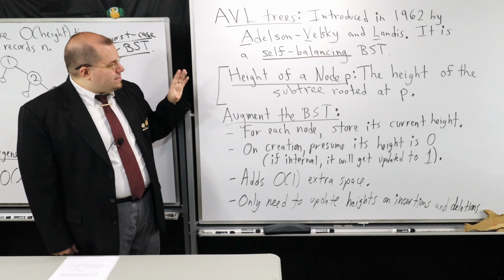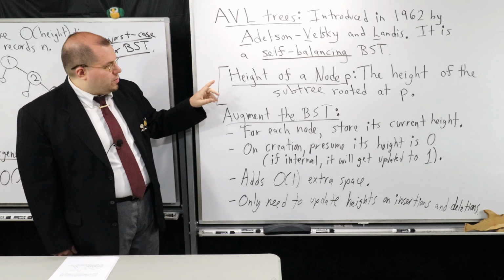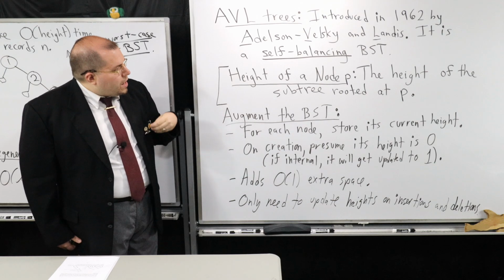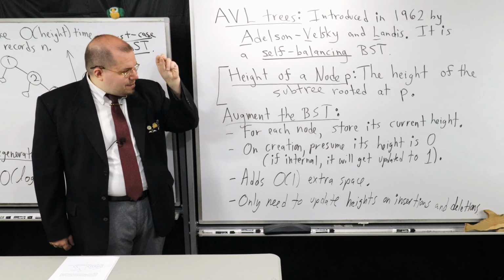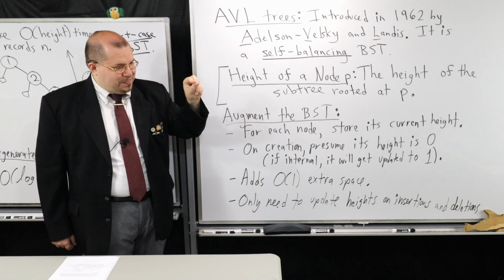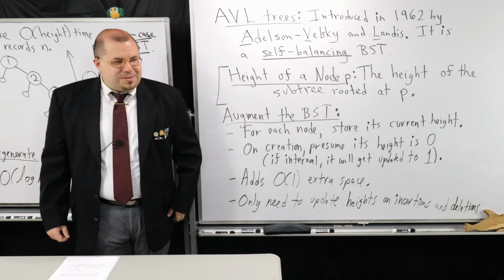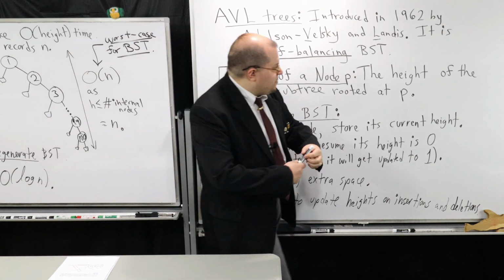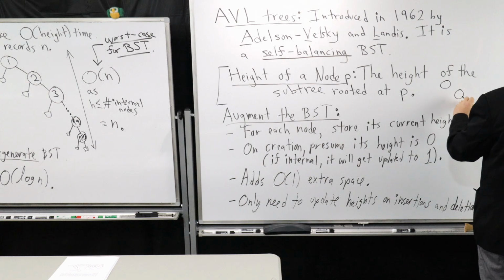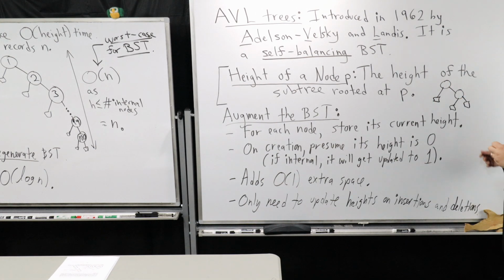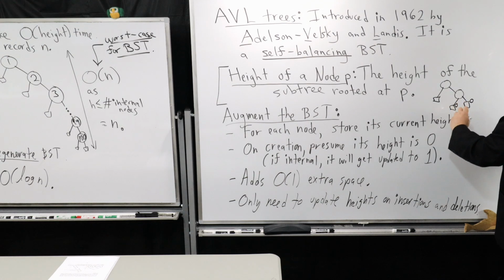I'm going to define something we're going to call the height of a node. If I give you the node P, the height of it is whatever would be the height of that subtree rooted at that node. So if I had a tree that looks something like this, each one of them will store the height of its subtree.